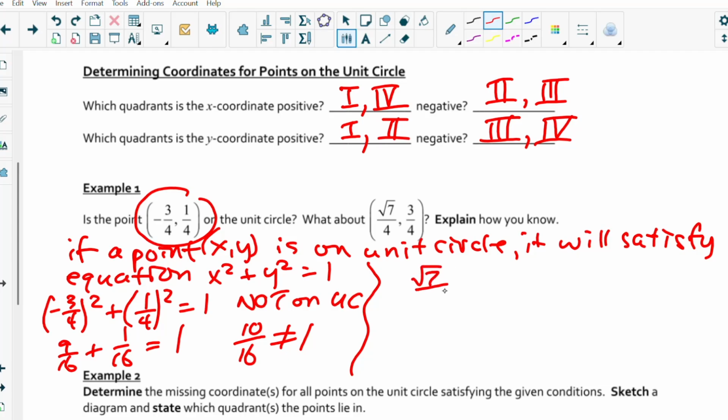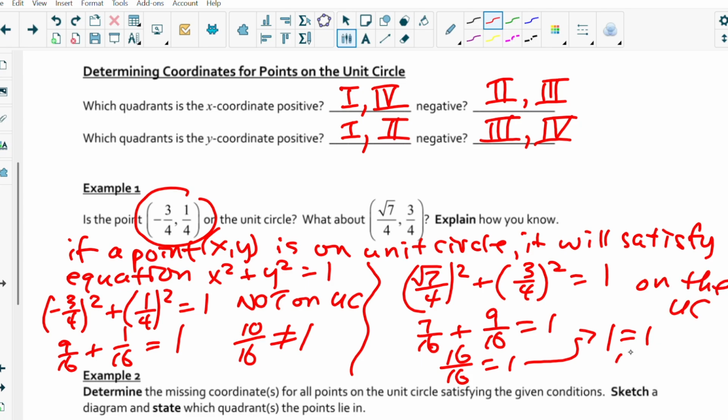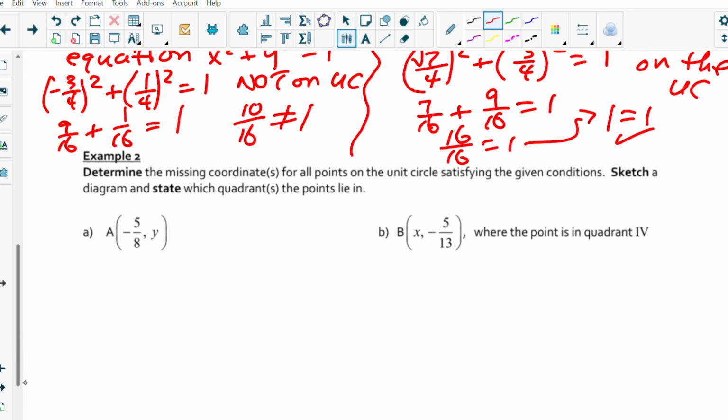What about the other one? Square root of 7 over 4 squared plus 3/4 squared equals 1. Does it equal 1? That is 7/16 plus 9/16 equals 1. 16/16 equals 1. That is 1 equals 1. This is on the unit circle. Check.